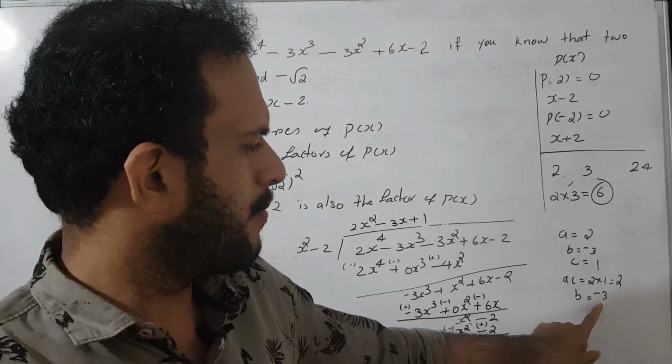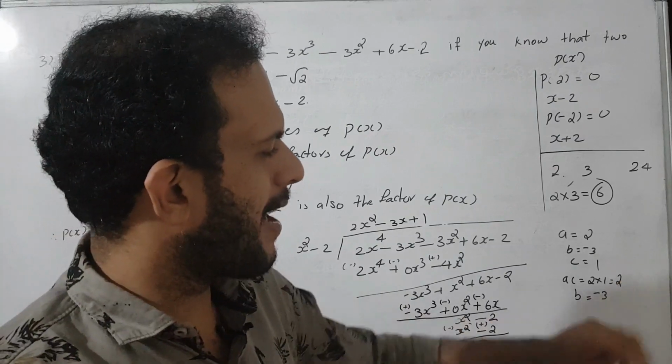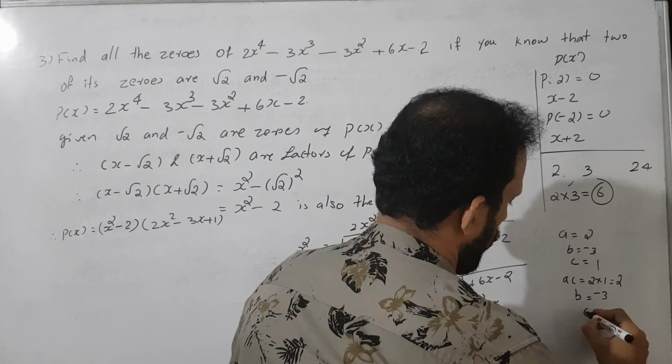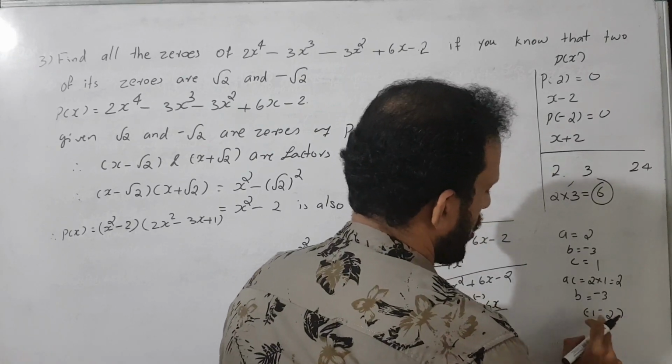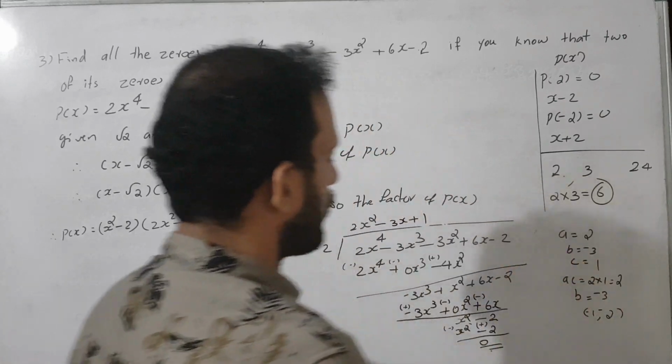The sum is negative, so in that pair both are negative. Whose product is 2? That is very clear, 1 and 2, both negative. Minus 1 into minus 2 is equal to 2, minus 1 plus minus 2 is equal to minus 3.